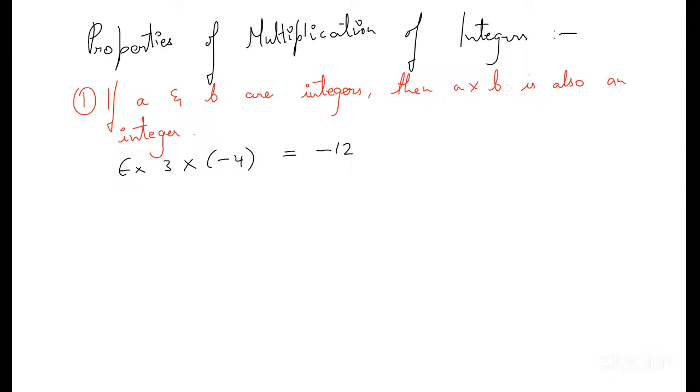Second property says that we can multiply in any order when we are multiplying with integers. A into B will be equal to B into A when A and B are integers.